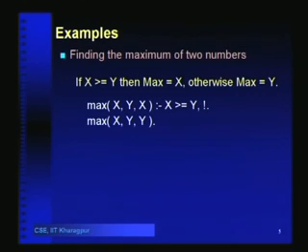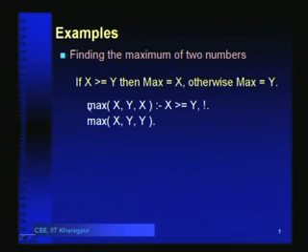So, if x is greater than or equal to y, then max(x, y, x), and then cut, because if you already have this, then you are not going to try for any other solutions, right, and then otherwise the maximum of x and y is y, right.